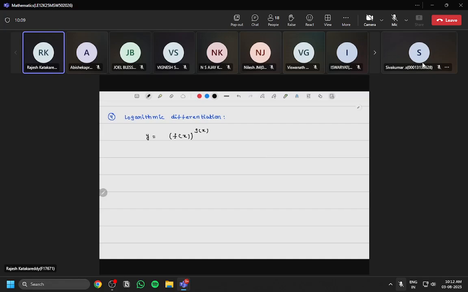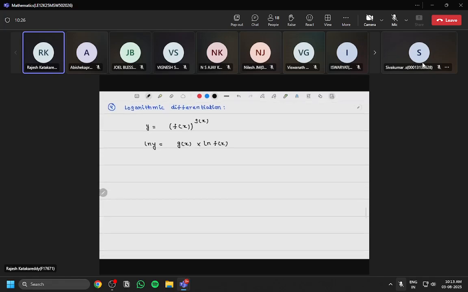How do we do it now? We will take log on both sides and differentiate. That's all, only this much we will do. If we take log, log y is equal to g of x into log f of x. Now, if I differentiate, I need to use the u into v rule of differentiation. The log function's derivative is 1 divided by the function.